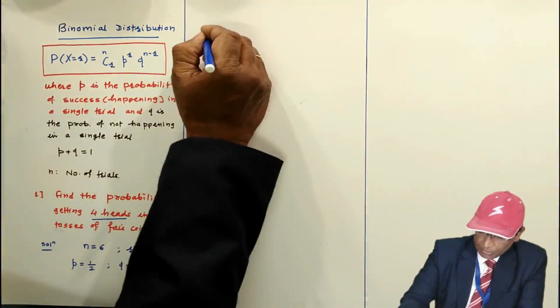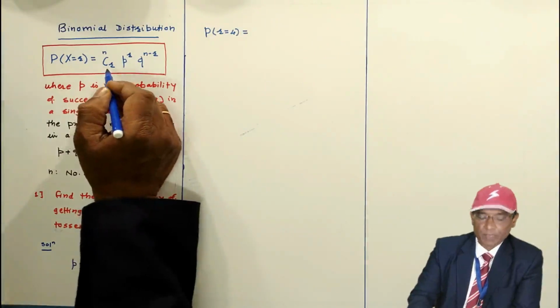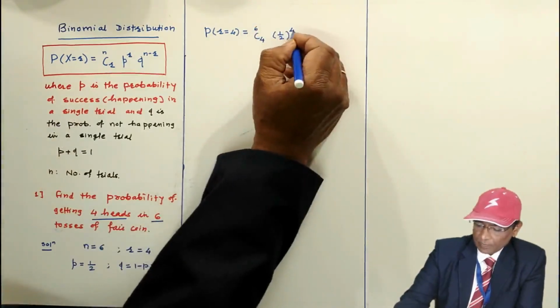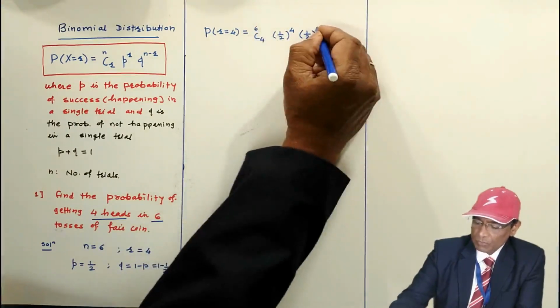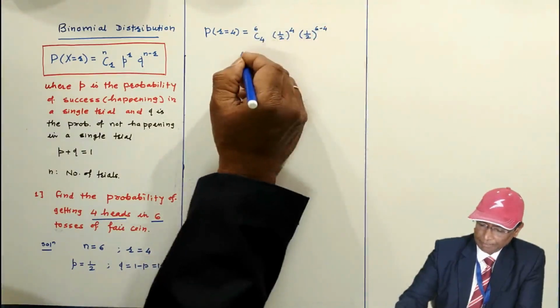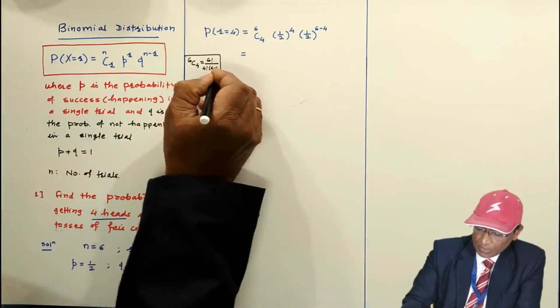Now, we want the probability of getting 4 heads using this formula: nCR p to the power R and q to the power n minus R. 6 minus 4 you can directly write as 2, but this is the first problem, so I am writing it indirectly: factorial 6 by factorial 4 and factorial of 6 minus 4.